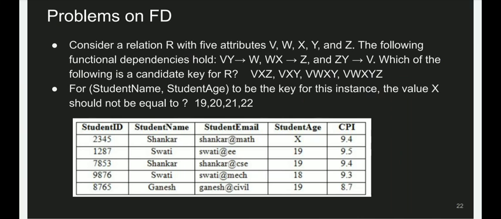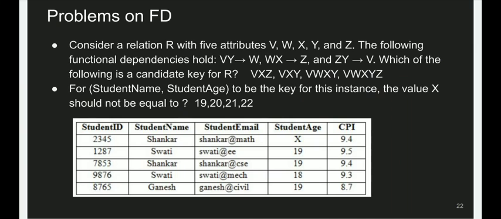You have to take the closure from the given option and try out whether it is able to derive all the other attributes, then it will be a candidate key. Here VXY will be a candidate key as VY can determine W and X is already there, WX can determine Z. So everything is there: V, W, X, Y, Z.